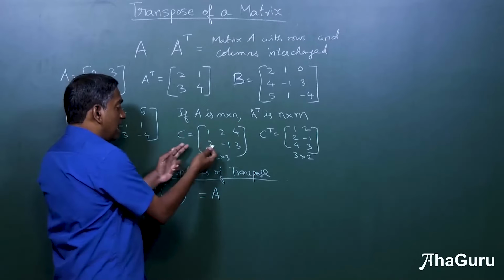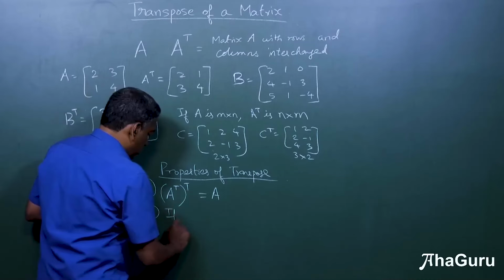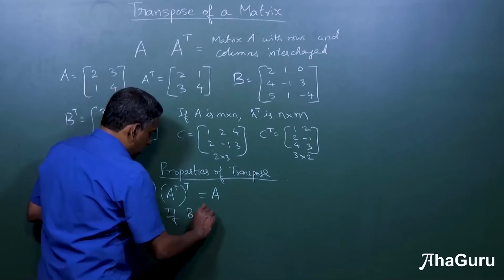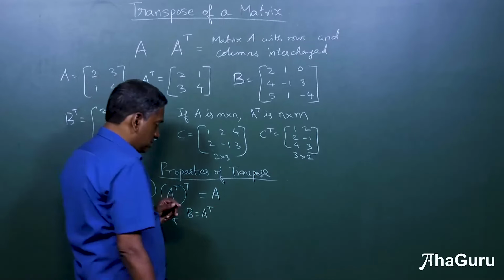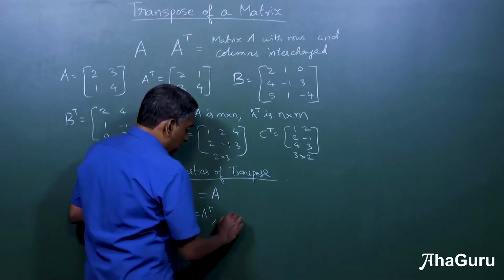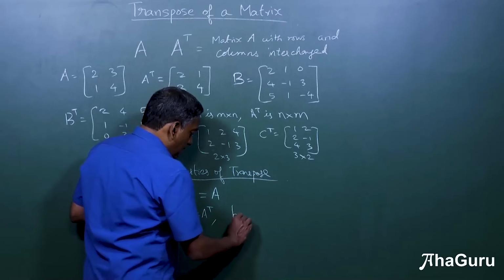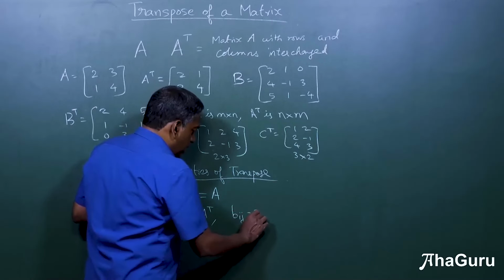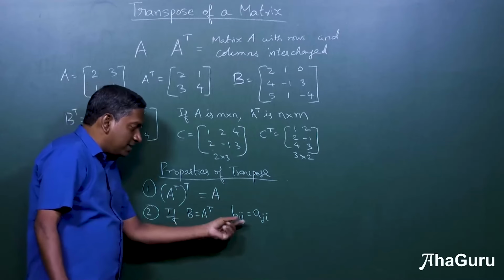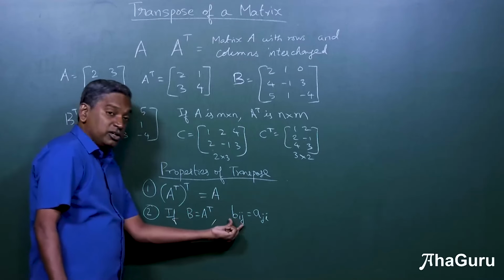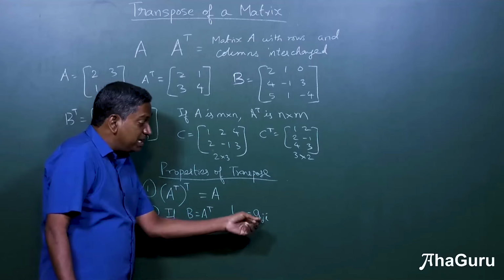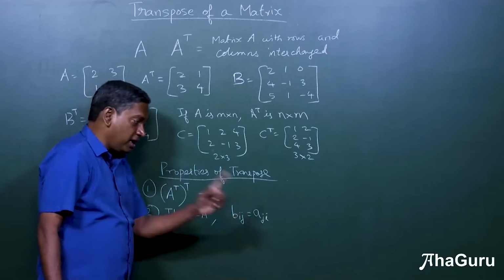Now if B is equal to A transpose, please remember, then bij equals aji. So if B is the transpose of A, then the ijth element of B, which is denoted by small bij, will be the jith element of A.